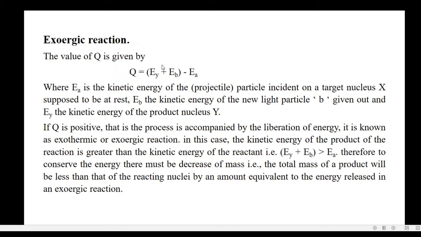So when EY plus EB is greater than EA, the liberation of energy takes place and is known as exothermic or exergic nuclear reaction.